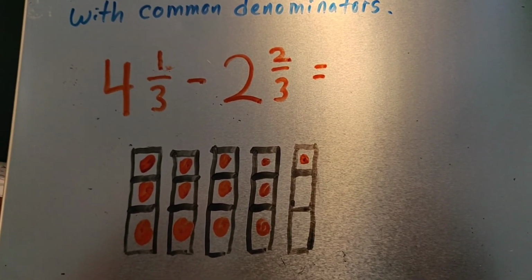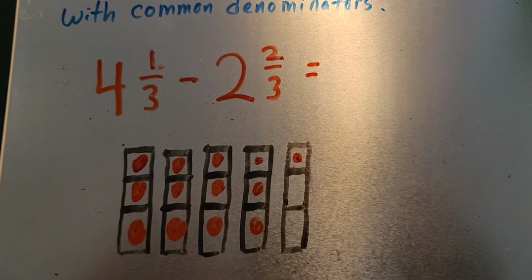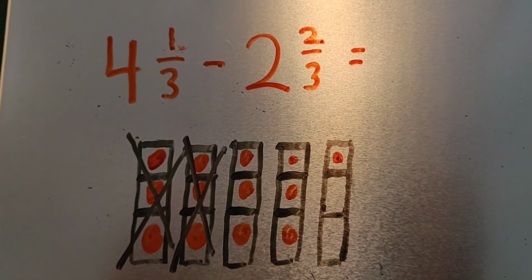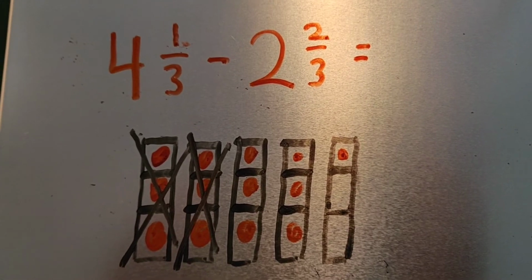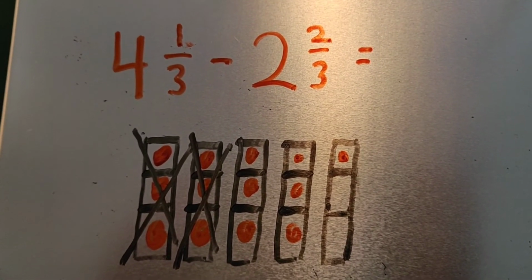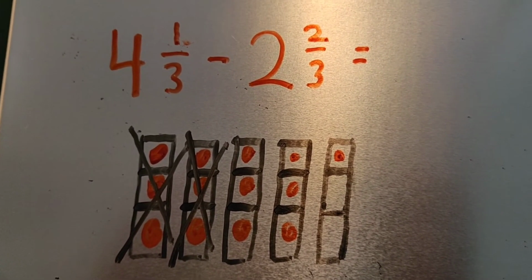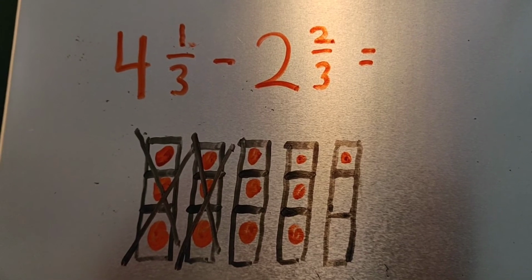So first let's take away the 2 wholes on the left from 2 2/3. So there you can see we've done that. That leaves us with another 2 1/3. But we took the 2 wholes away. We still have to take 2 more thirds away. So think about what you would cross out next.